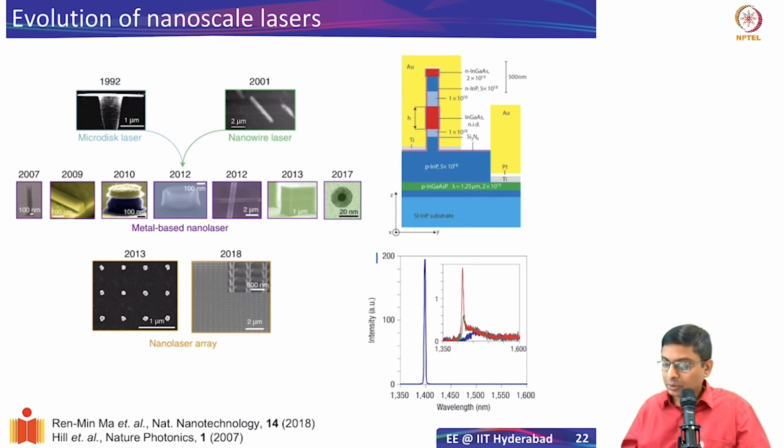When you increase the current that is applied to this, you see that initially at low currents below the threshold, you have a broad emission. That's what is shown here. The blue is definitely low current, below the threshold. And as you increase the amount of current applied, you see a sharp peak come out, and this sharp peak is what is known as a lasing peak. Generally, below the threshold, you have only spontaneous emission, amplified spontaneous emission, so there's a broad emission over a range of wavelengths where you can have gain.